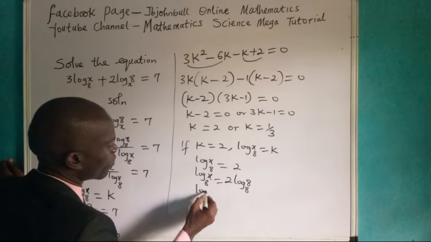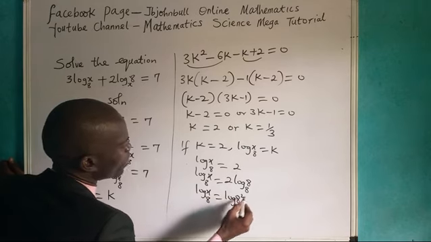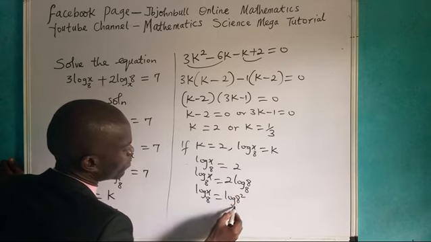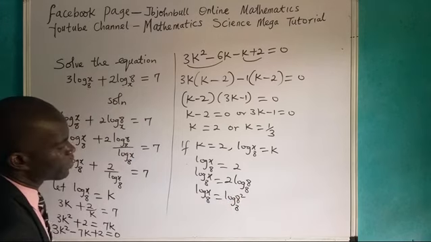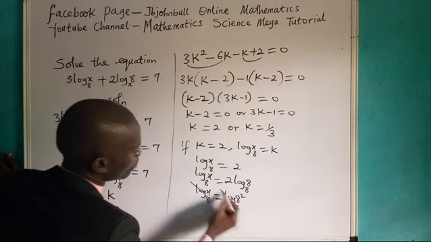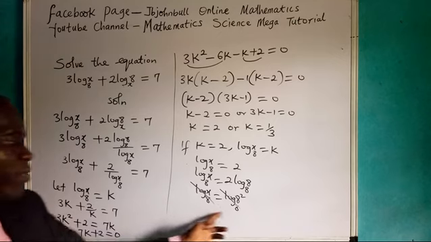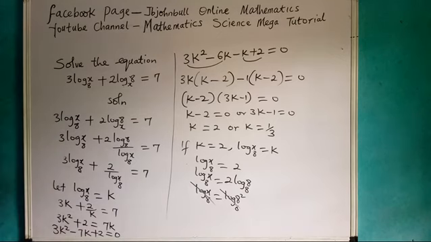I will have log x base 8 equal log 8 squared, that square, still base 8. Log to base 8, we also keep this one. They are logging to base 8; they are common. They are the same.